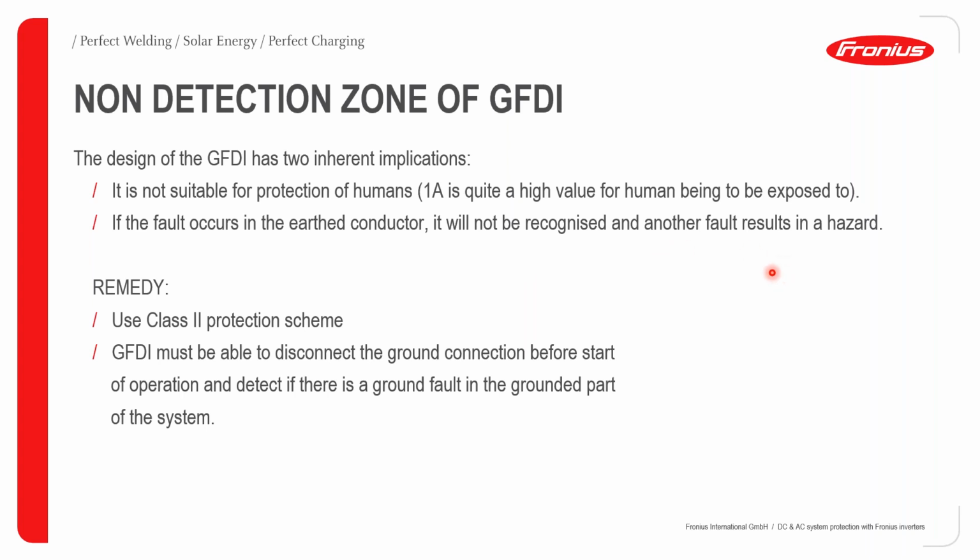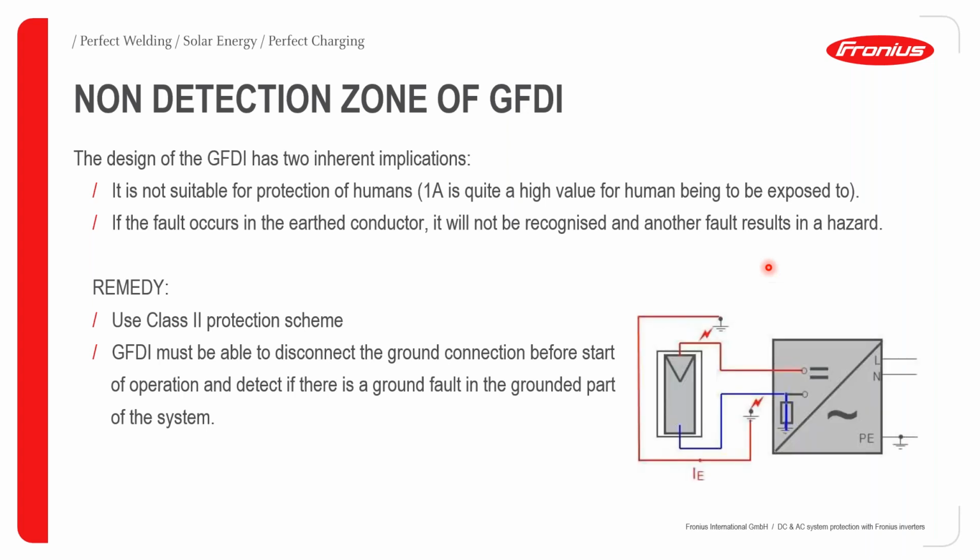Another fault might then become a hazard. The remedy that is taken is to use a class 2 protection scheme, and a GFDI must be able to disconnect the ground connection before the start of operation and detect if there is a ground fault in the grounded part of the system. This would be a simple schematic showing how such a GFDI protection system is integrated.